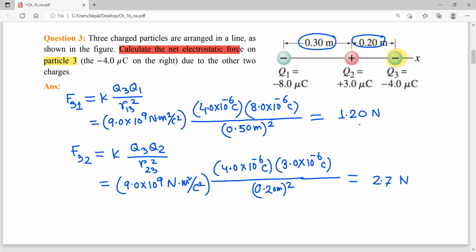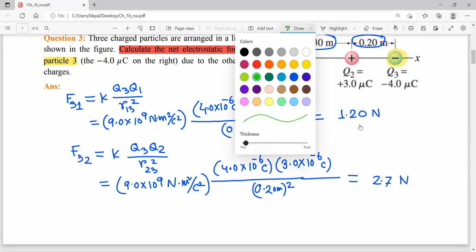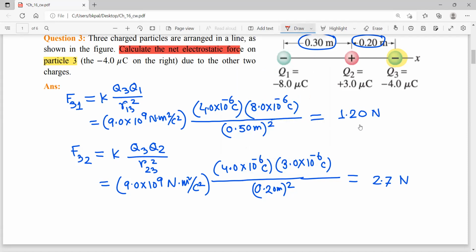Okay, so you see that we determined the individual forces that act on Q3. Now we have to understand the direction of these individual forces. So think about just Q1 and Q3.